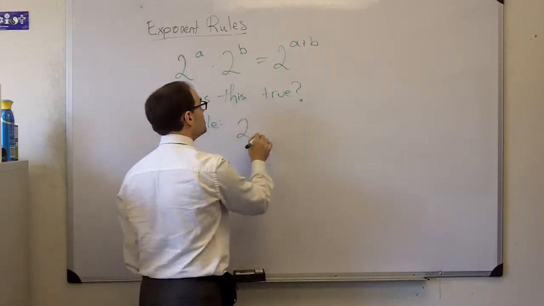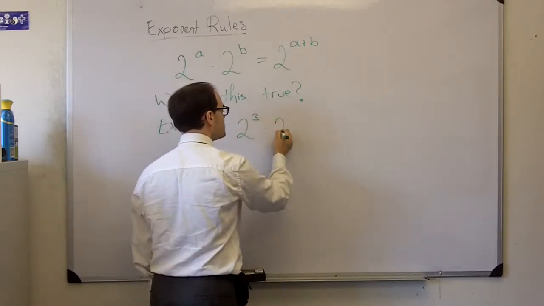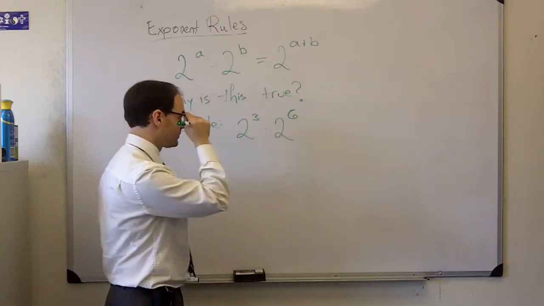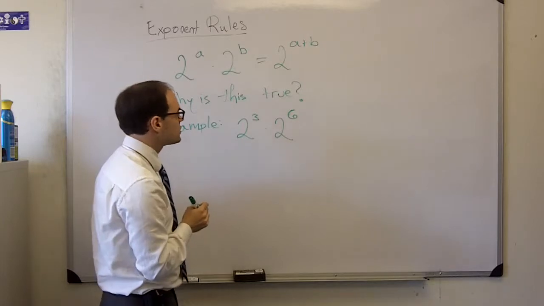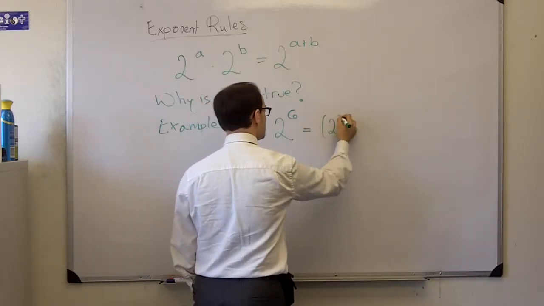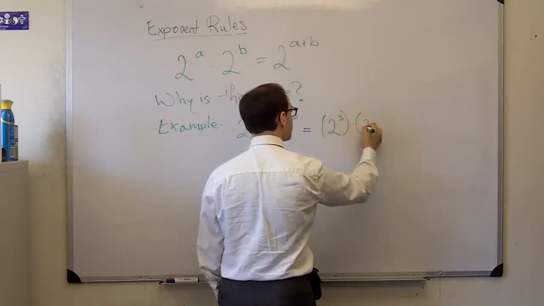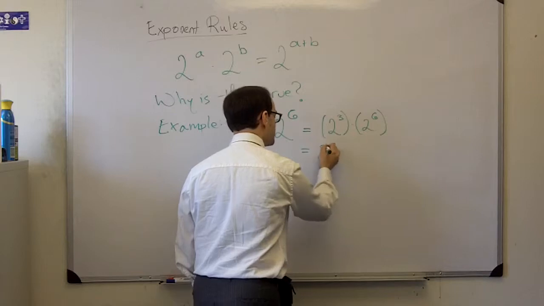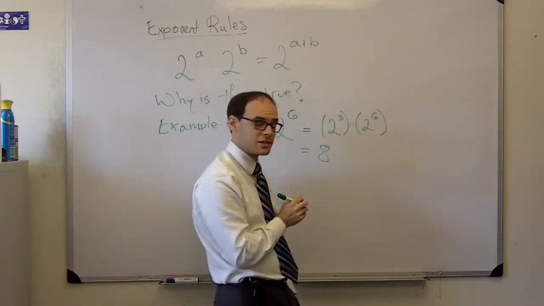Say 2 to the 3 times 2 to the 6. Well, 2 to the 3, what is 2 to the 3? Let's put some parentheses around this. That's 8. And what's 2 to the 6?